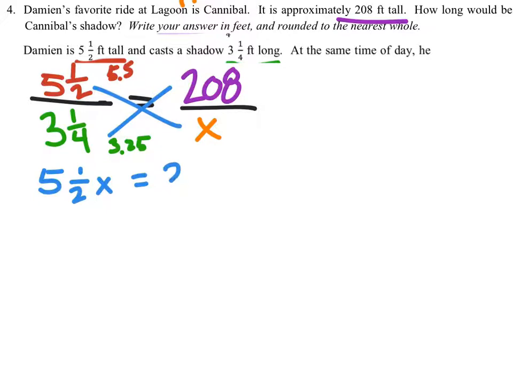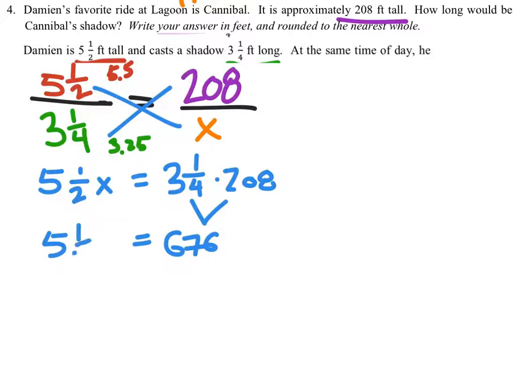I'm sorry, I'll write that out. So 3 1/4 times 208, which my calculator gave me as 676. So now I've got 5.5 times x equals 676. And we're going to figure out the shadow length of this thing. So we're going to divide both sides by 5.5. Just basic solving equation stuff right there. Divide by 5.5.